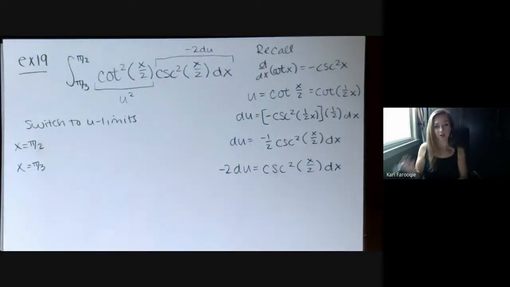Whether you back substitute and do it or do it here, you're going to be doing the same thing. All right, u was the cotangent of x over 2. You have to know your trig values.